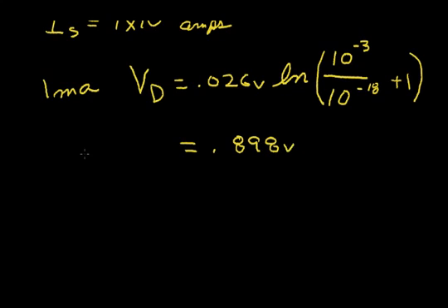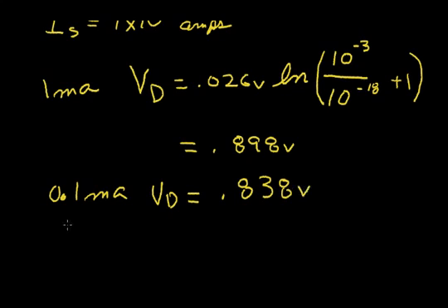volts. Now if we solve the same equation, instead of a milliamp, let's solve it for 10 times less current, 0.1 milliamp. Now if we do that, we get a V sub d equal to 0.838 volts.